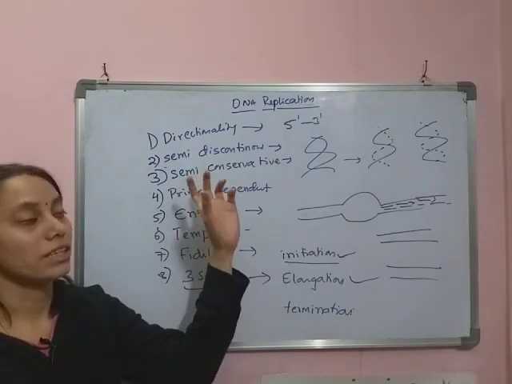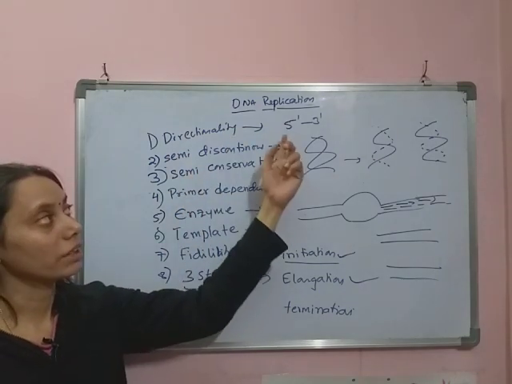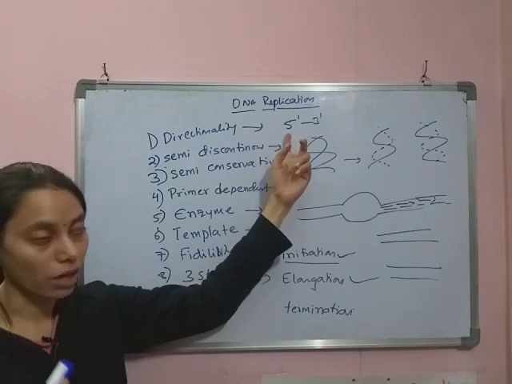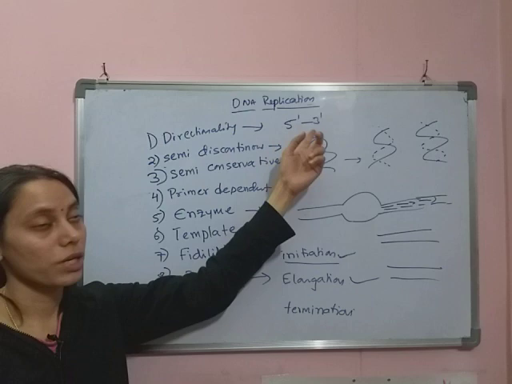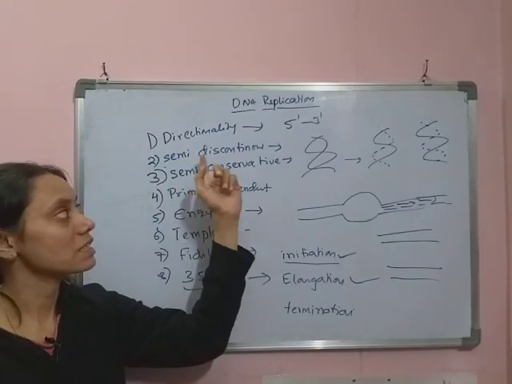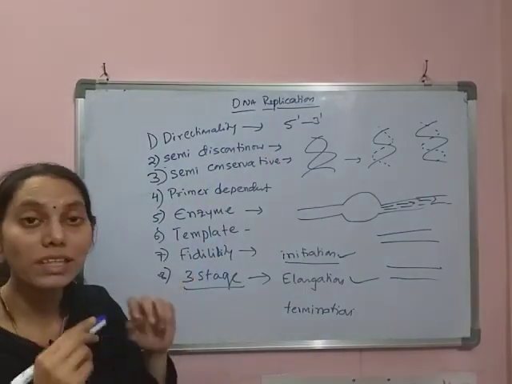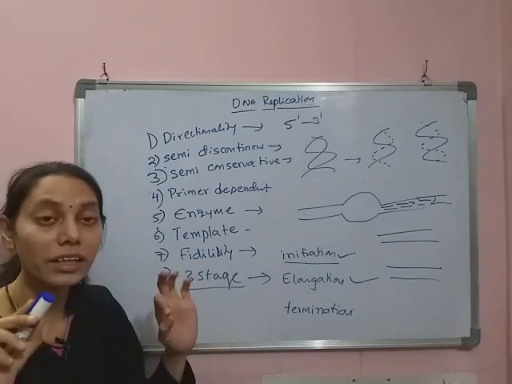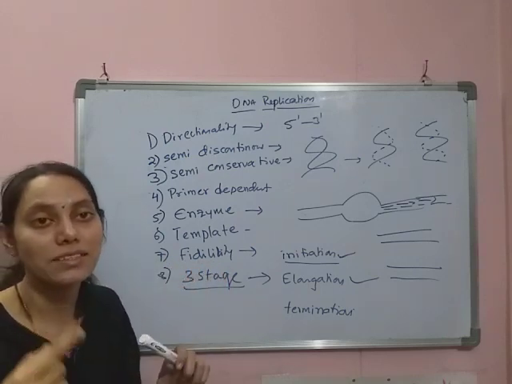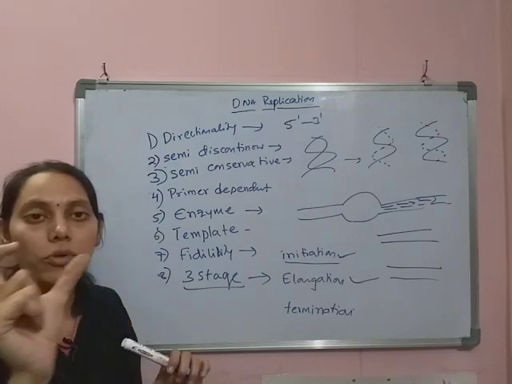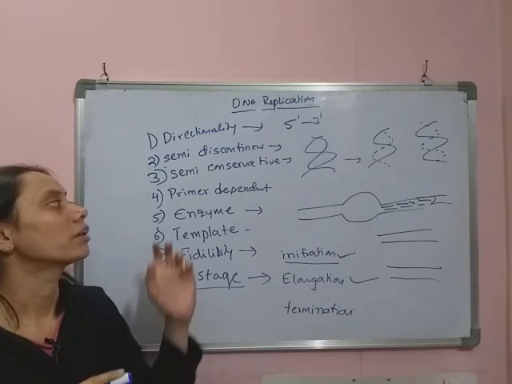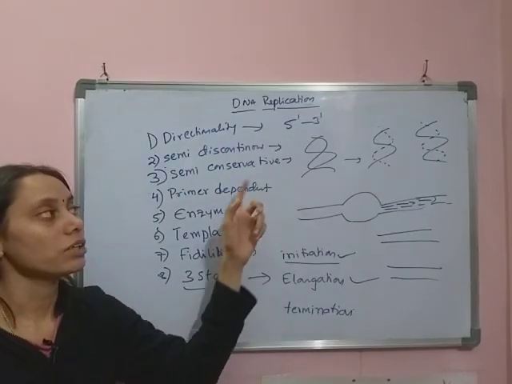The DNA replication has directionality, that is, the addition of nucleotides occurs only in 5' to 3' direction. It is a semi-discontinuous process because the lagging strand synthesis will be discontinuous. The lagging strand will be synthesized in the form of small stretches called Okazaki fragments, and it is a semi-conservative replication.